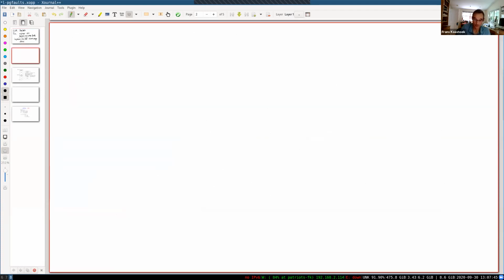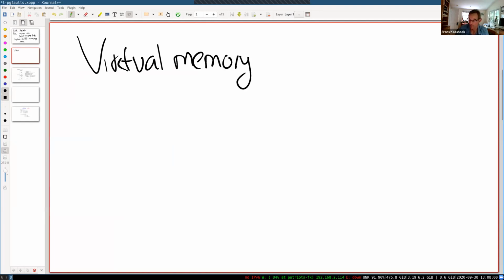Before diving into the details, it is probably helpful to take a step back. You can think about virtual memory as having two major benefits. One is isolation.